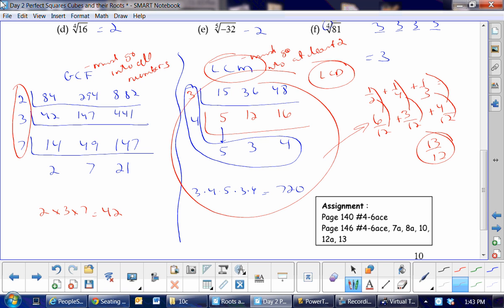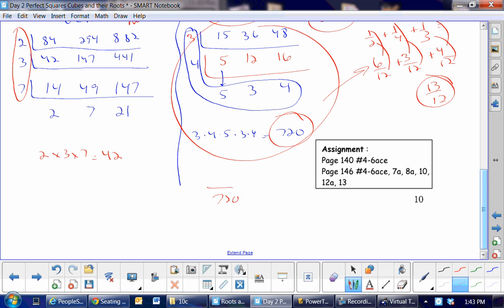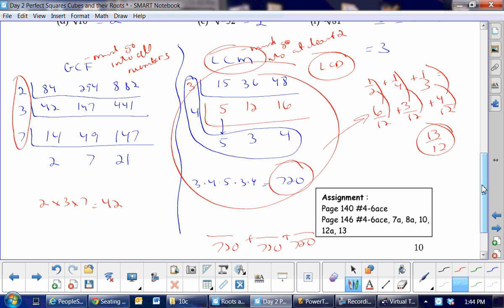They're the same things. This one, 720. 720 would have to be my common denominator before I started the question. I multiplied my L together. Yes? So can you use these charts?